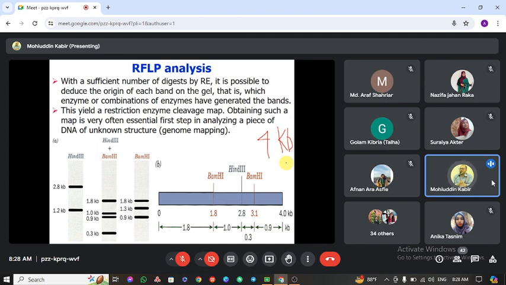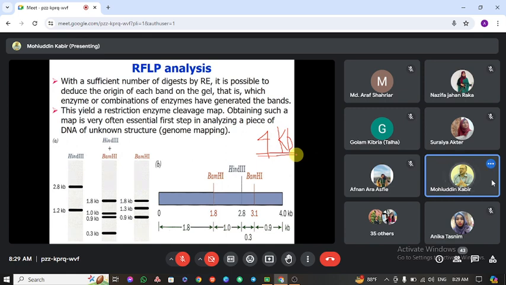Now we need to identify the restriction sites so that we can have at least some information about the location and position of the restriction sites.